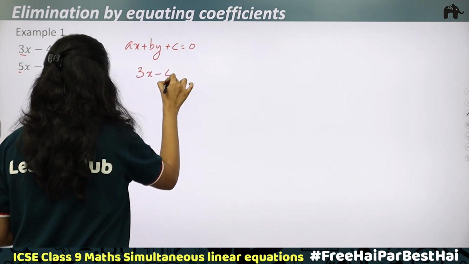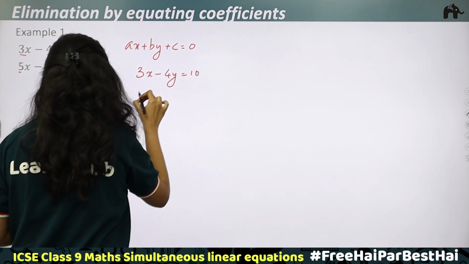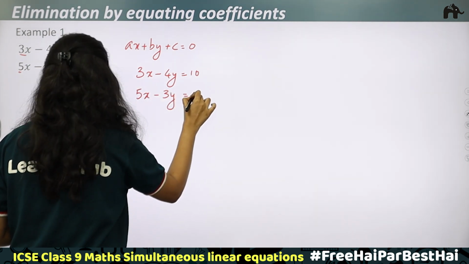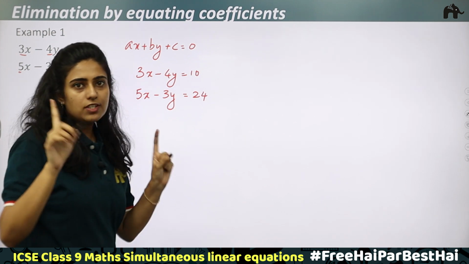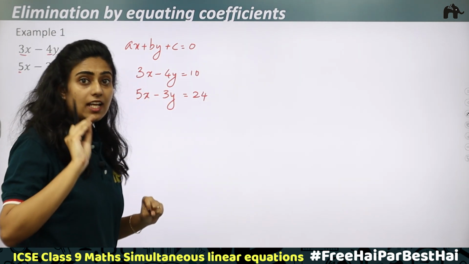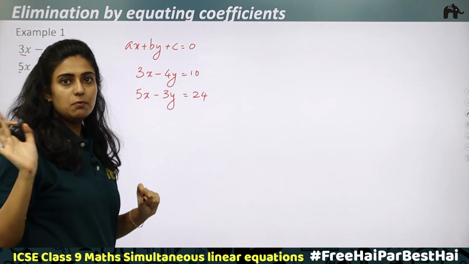So the first step is to consider the two equations, 3x minus 4y is equal to 10 and 5x minus 3y is equal to 24. You have to make the coefficients of either x or y the same in both the equations.